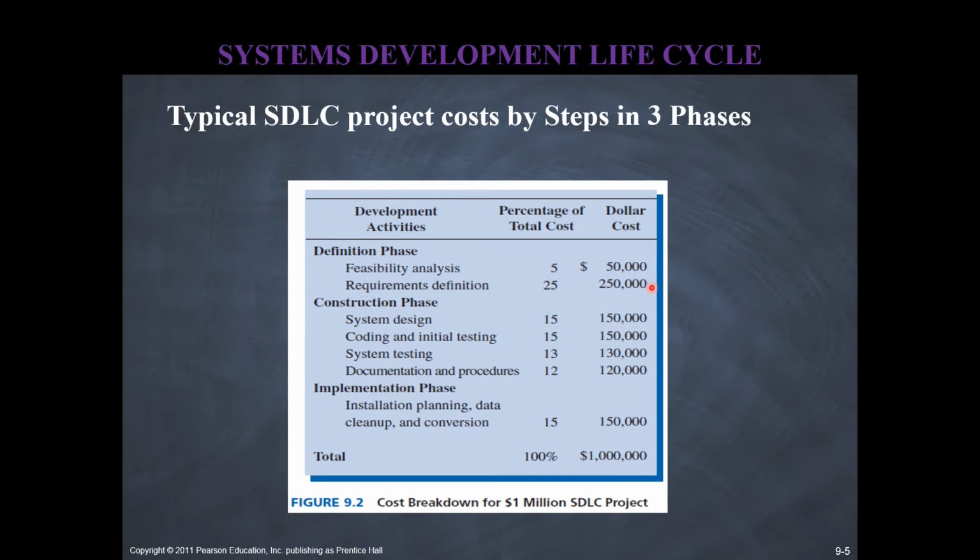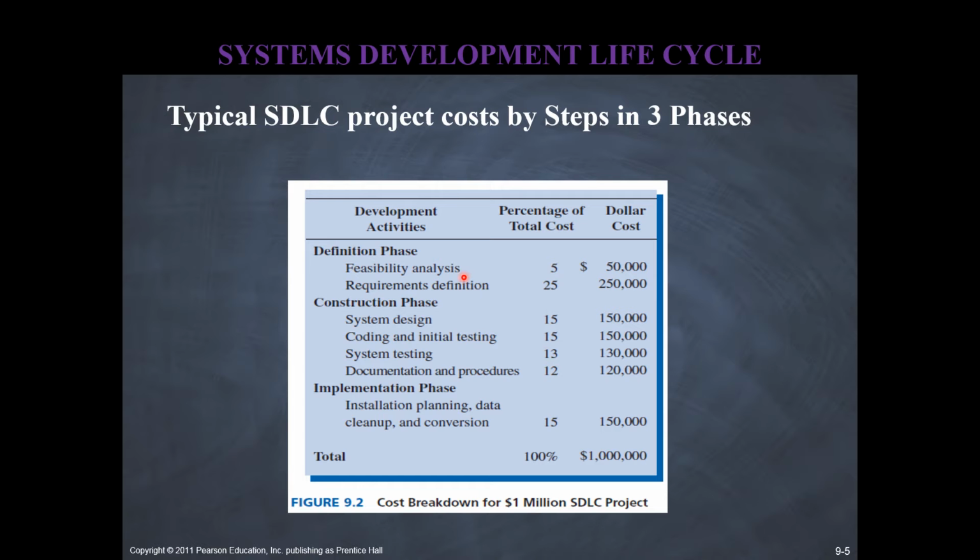So there is that belief, that is probably related to this proverb that goes something like this: measure 3 times, cut once, or something like that, or measure 7 times, cut once, right? So the idea here is that you need to spend a lot of time defining what users want from an information system, because this is something that is essential and something that drives efficiency and effectiveness of the entire project down the road.